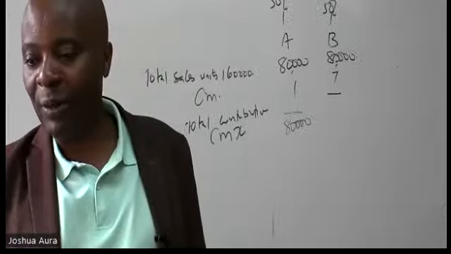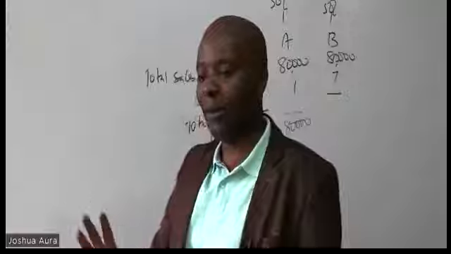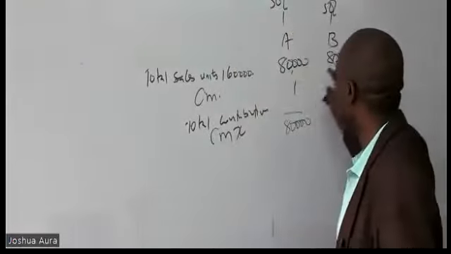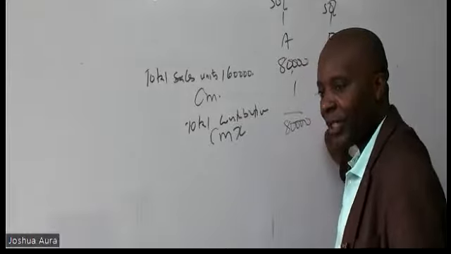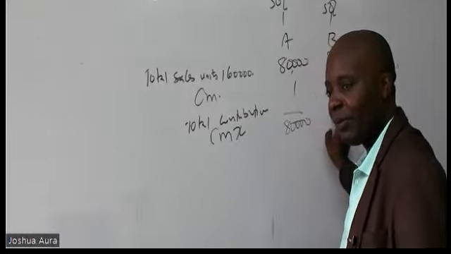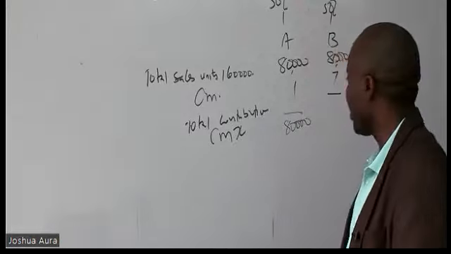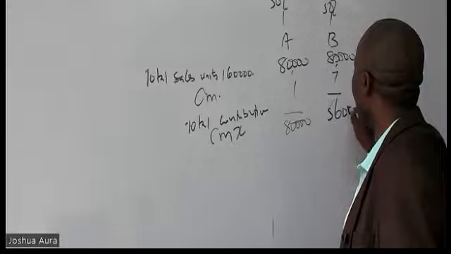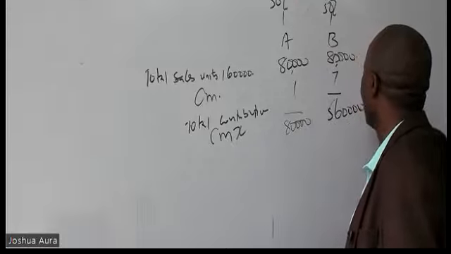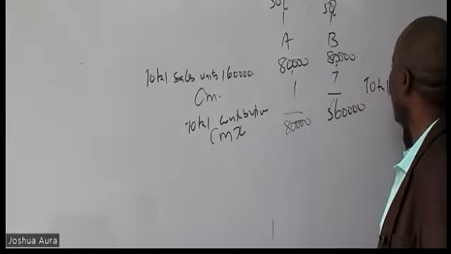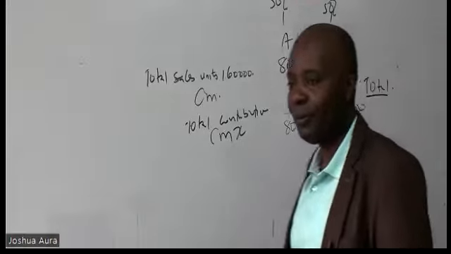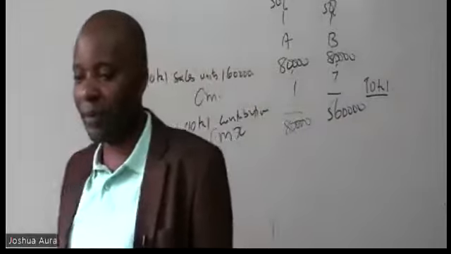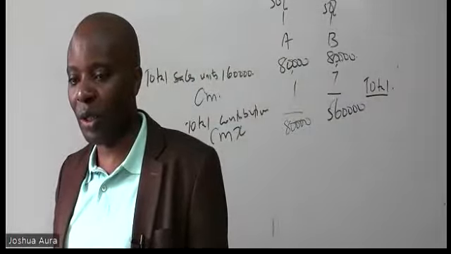One step remaining and we finish. So 80,000 times 7 gives me what figure? 560,000. Great. So the total here, 80 plus 560, gives me what total?